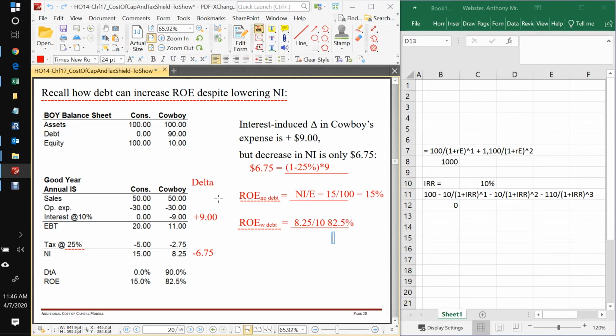So the tax shield leverage, and particularly the tax shield portion of leverage, helps us a lot to get this juiced up ROE if we do have a levered company that is profitable. If we're not profitable, it's going to make things much, much worse.